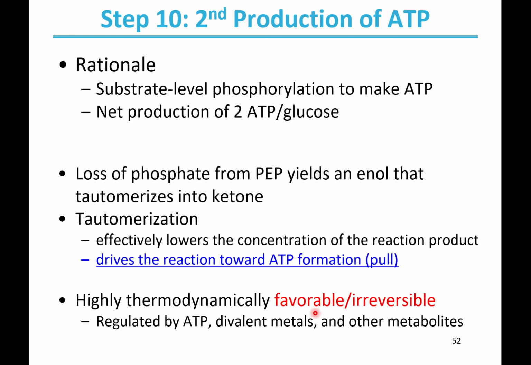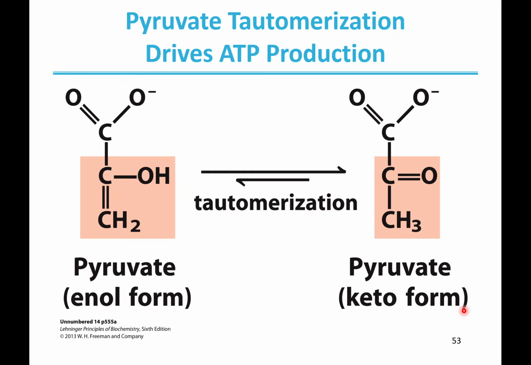Okay, again, this is highly favorable, which makes it irreversible. So this is one of the steps that needs to be bypassed when we do gluconeogenesis. This is also a regulated step. It's regulated by ATP concentration, divalent metals, and some other metabolites that we'll talk more about when we talk about regulation.